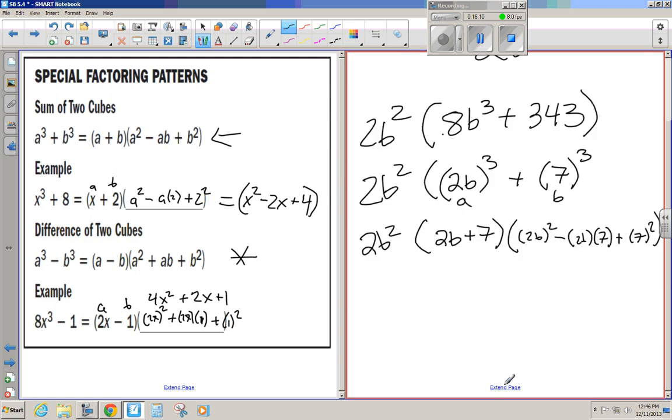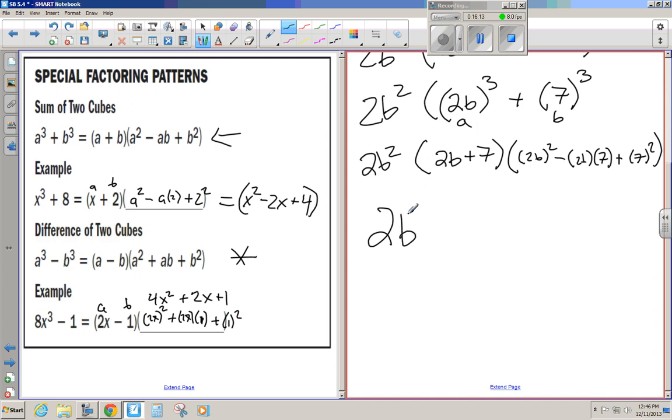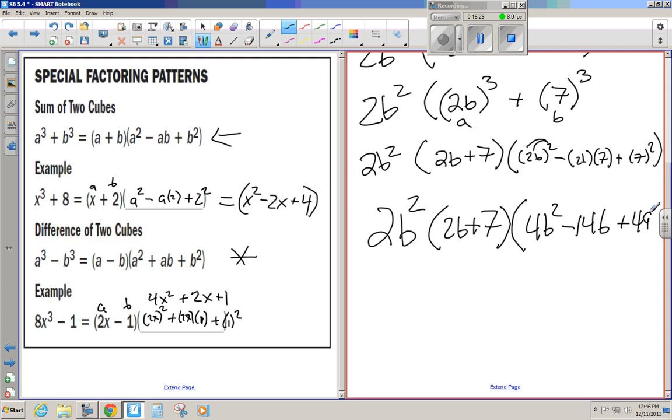So my final answer, 2b squared, 2b plus 7. Squaring both pieces inside of there, 4b squared minus 14b plus 49. This has now been factored completely. There's nothing else you can do.